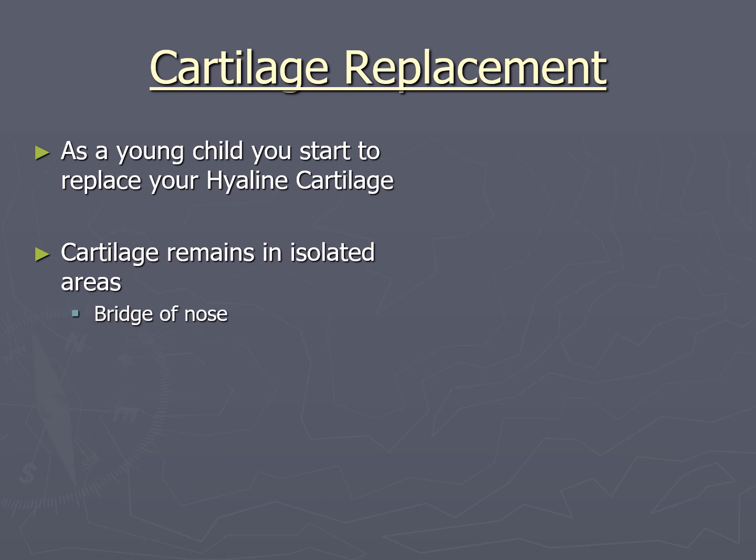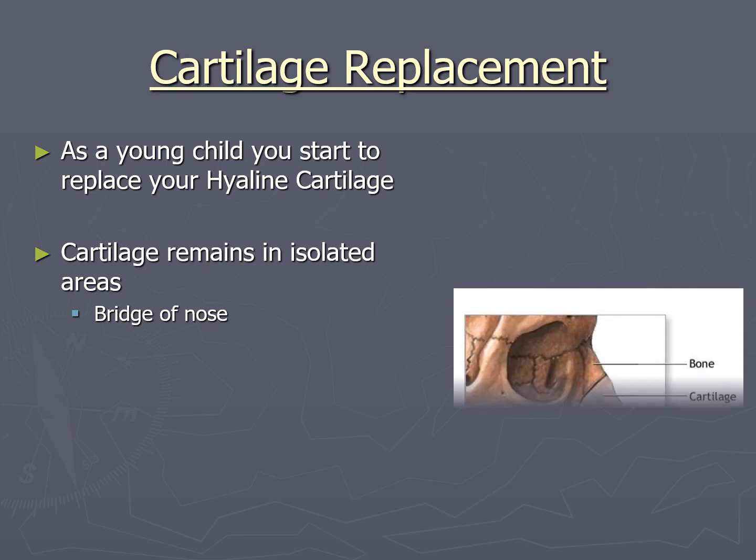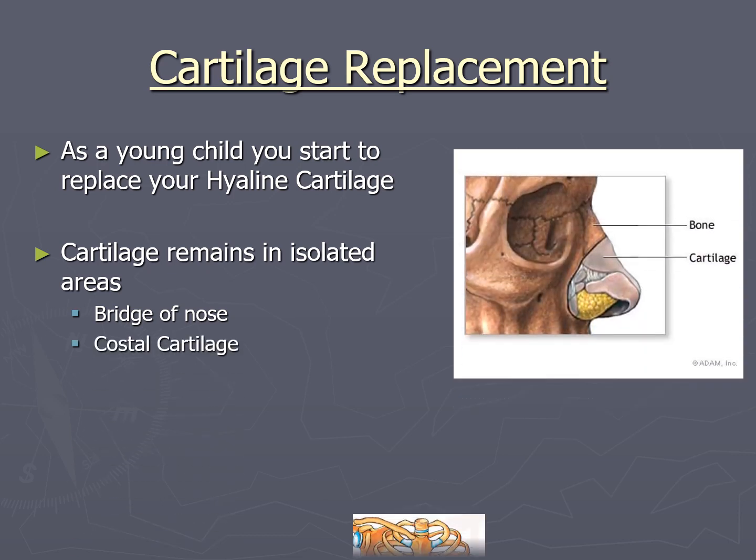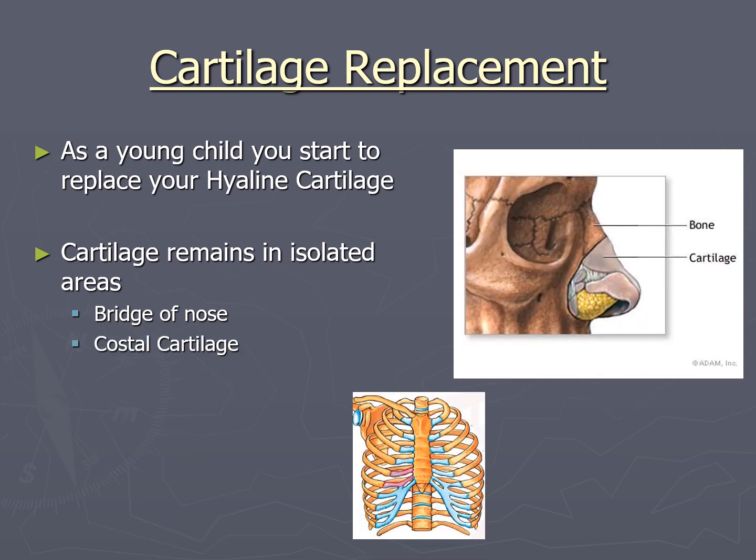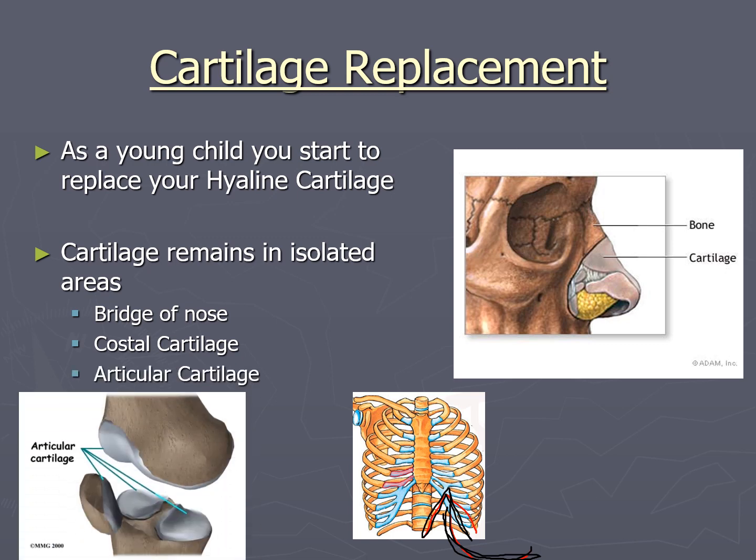Those areas include the bridge of the nose, the costal cartilage around the ribs, which is this bit here that connects the ribs to the sternum, and then the articular cartilage, which we can see here at the ends of these joints of the long bone.